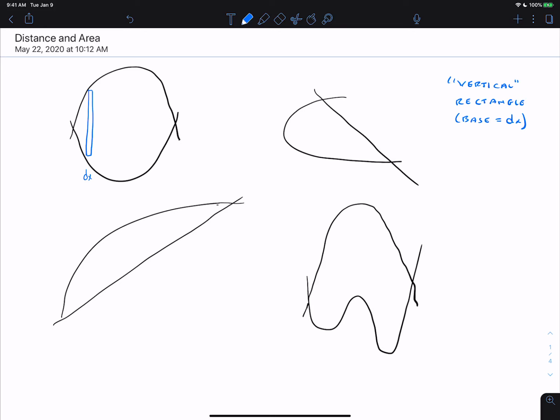In theory, what we're going to be dealing with is dividing a region like this into a bunch of rectangles like we did with Riemann sums, or like you would have done with Riemann sums in Calc 1. You would have a rectangle there, you'd have another rectangle over here, and you'd have hundreds and hundreds of them, technically an infinite number of them, and dx would get infinitely thin.